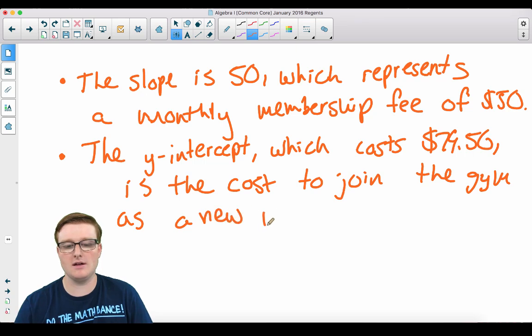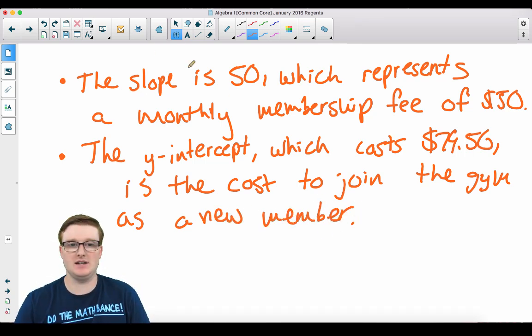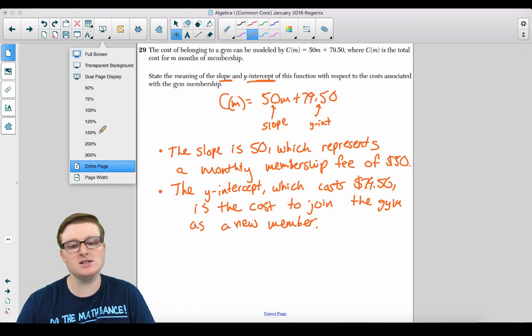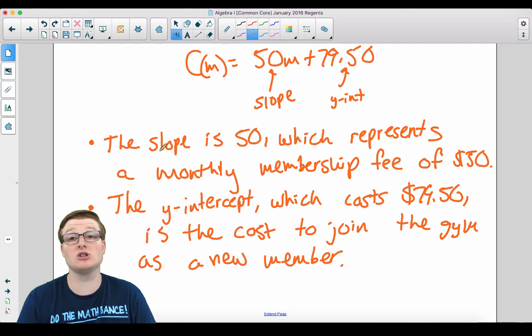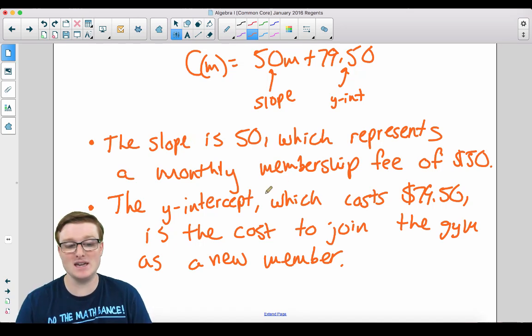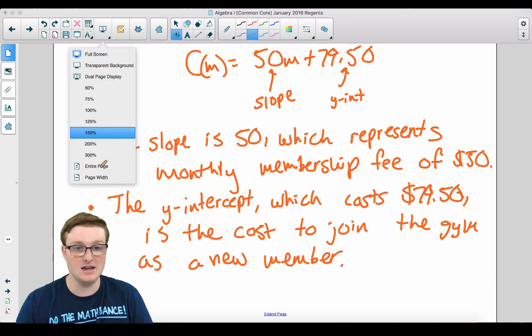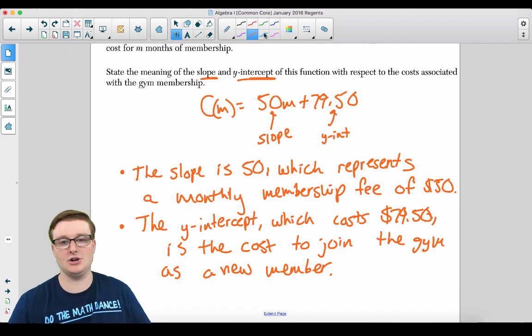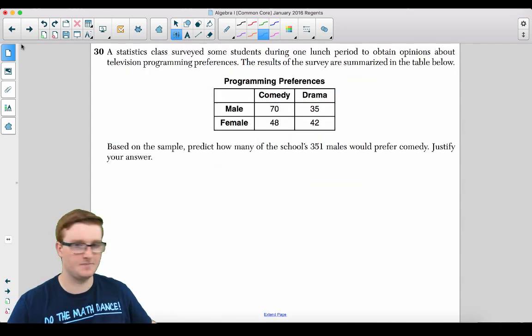So when you go to, like, Retro Fitness or Planet Fitness or LA Fitness or any of those gyms, you do need to pay some sort of membership fee to join the gym, and it could be $79.50. So that's all the y-intercept is, and the slope is your monthly membership fee. And that is the answer to this question. All right, moving on to question 30.